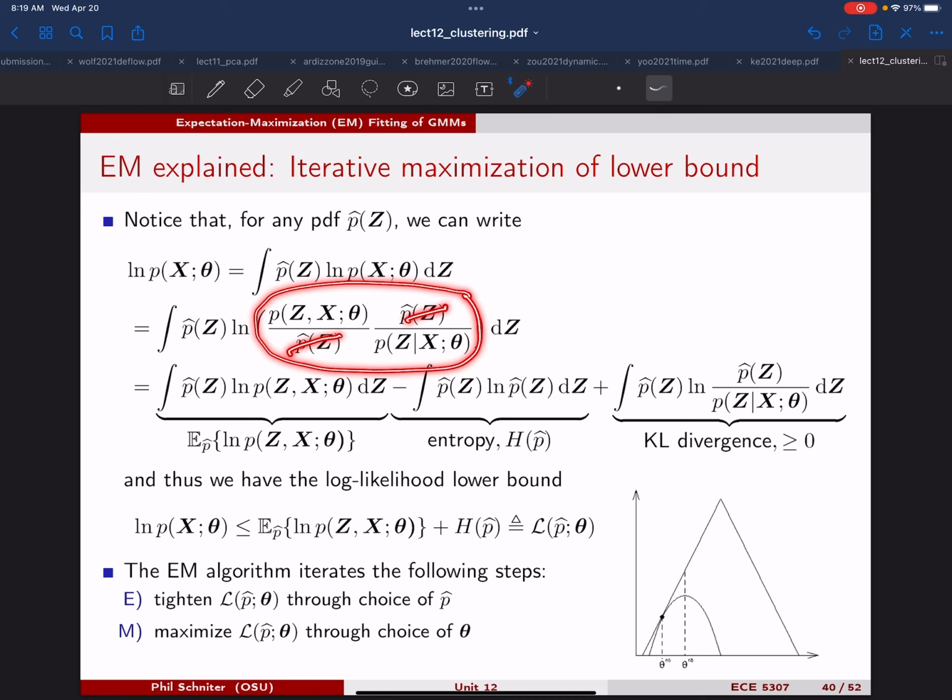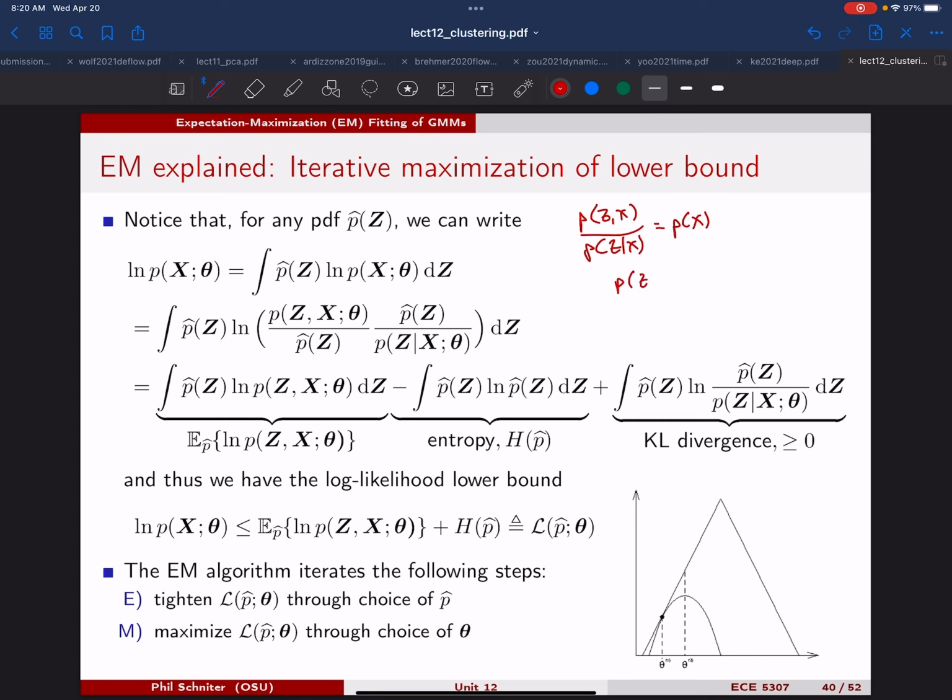And now the last step, which might not be super obvious if you're not used to thinking about conditional probabilities, is that the joint probability p of z and x divided by the conditional probability p of z given x is just p of x. So p of z, x over p of z given x equals p of x.